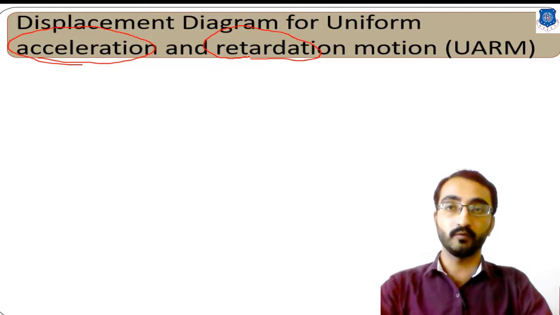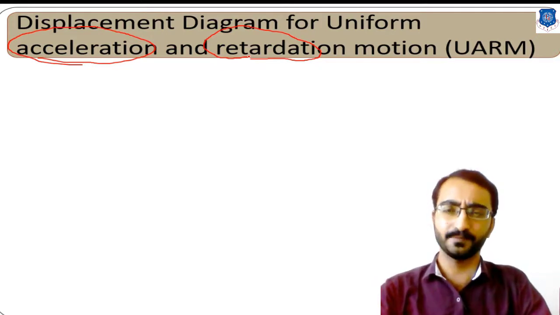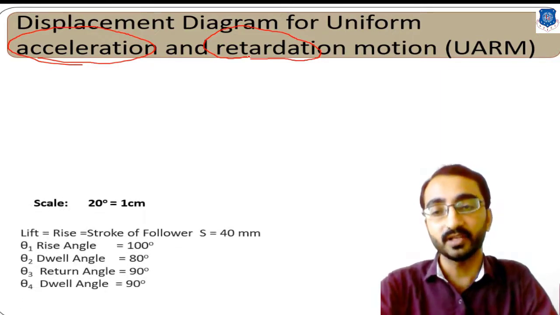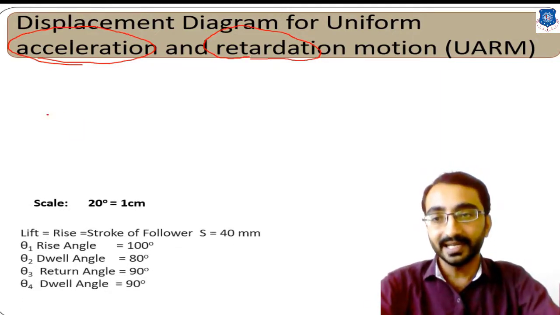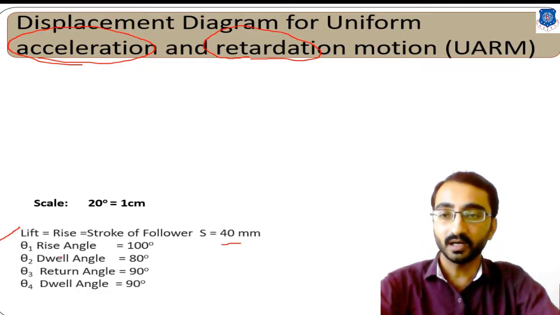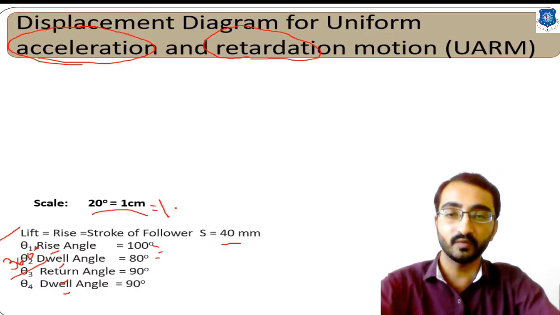For plotting the displacement diagram for this type of motion, again let's consider the fundamental data, that is the rise, or lift, of the follower, which is 40 mm. The motion is divided into intervals of rise 120, return 120, and so on, totaling 360 degrees. We use the scale of 20 degrees equal to 1 centimeter, or 10 mm.